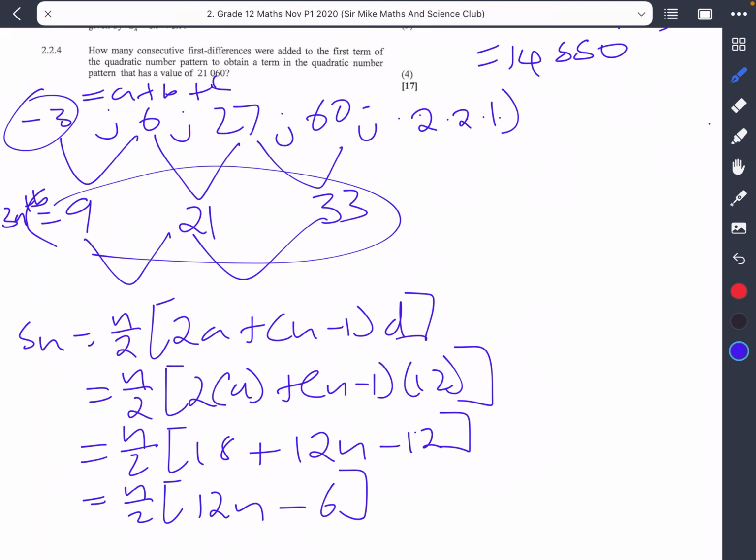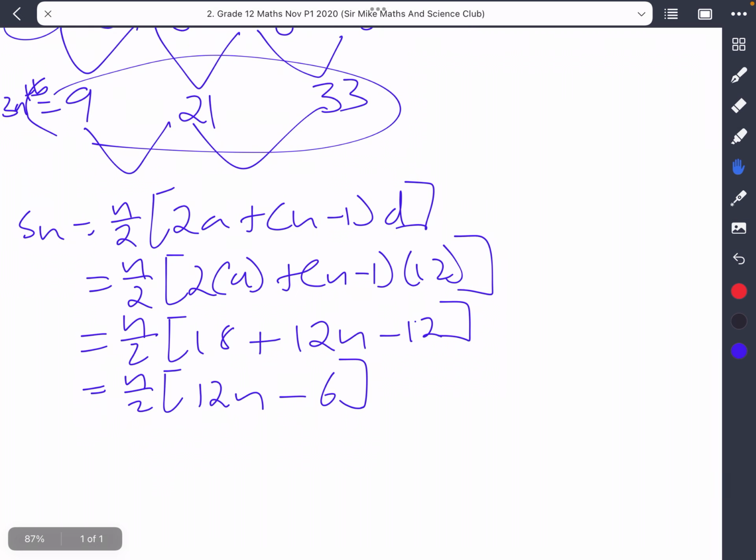So I'm just going to multiply that out. What I would have eventually would be 12n squared divided by 2, plus 6n divided by 2.